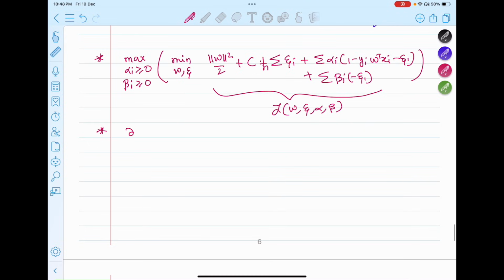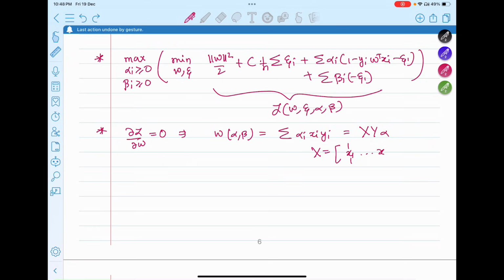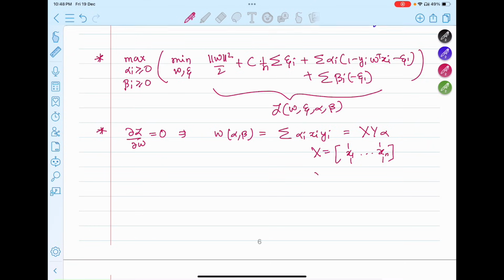Now, if I take the derivative of L with respect to w and set it equal to 0, I will get w to be a function of alpha and beta, and that will be equal to summation of alpha_i x_i y_i, which can also be written as X Y alpha. What is my X? X is the matrix of data points, x_1 up to x_n. What is my Y? Y is a diagonal matrix where the labels are provided in the diagonal and the other entries are 0.